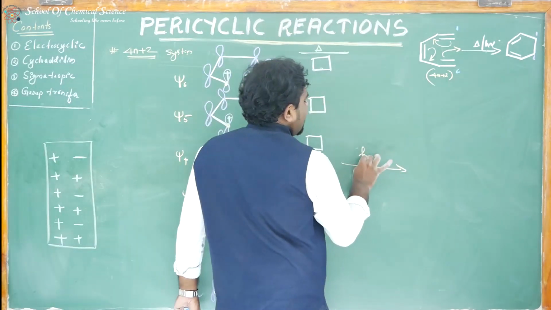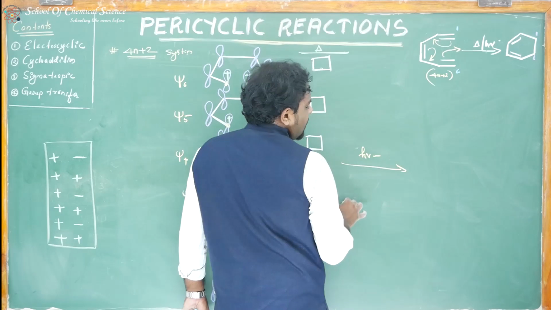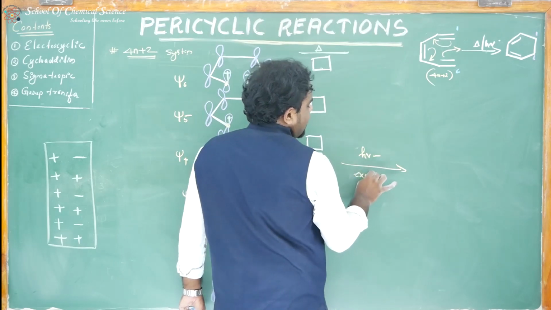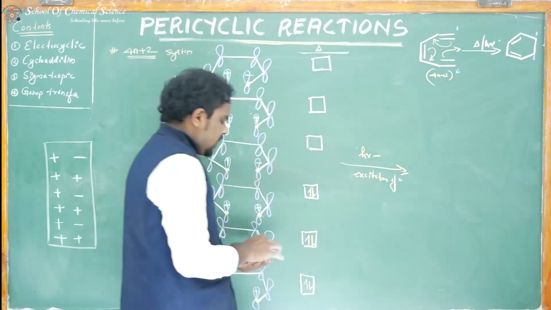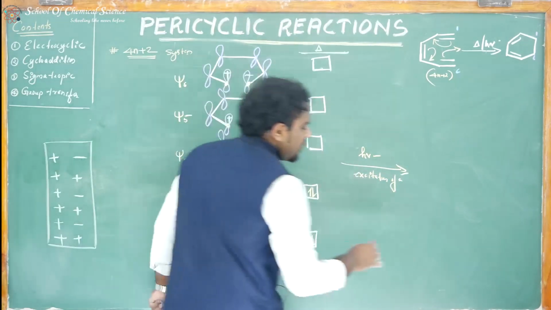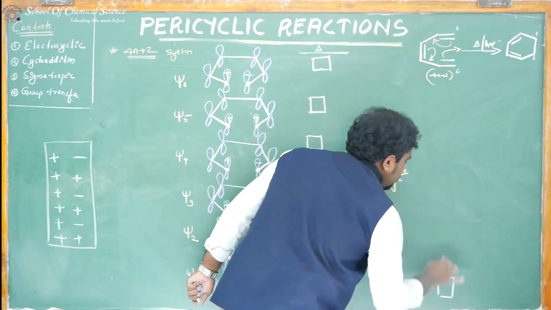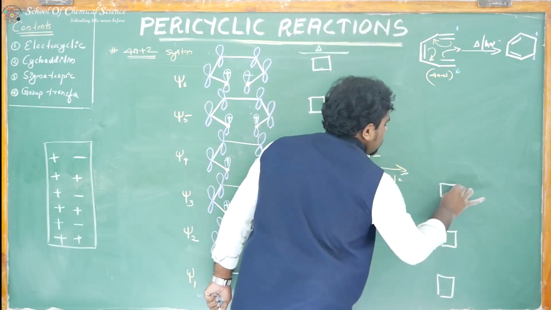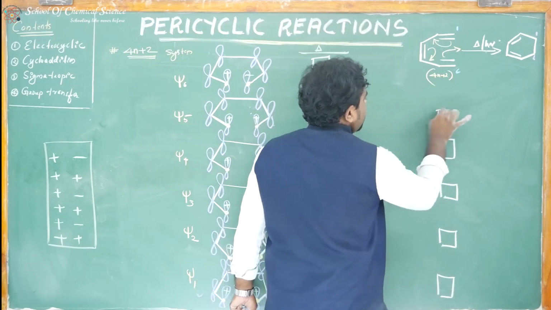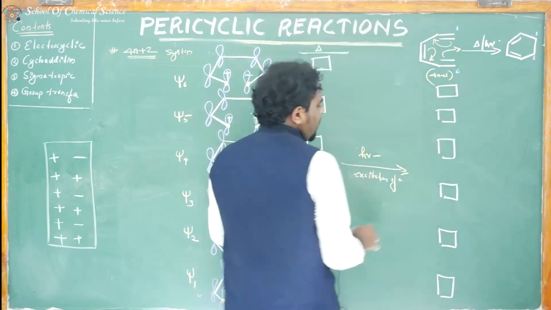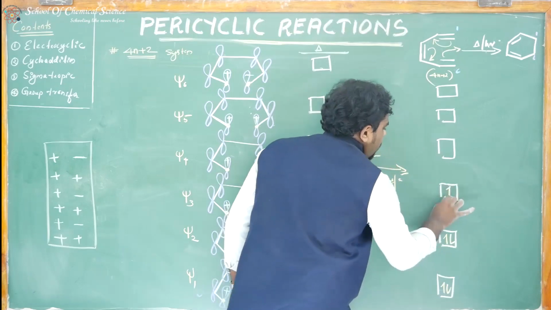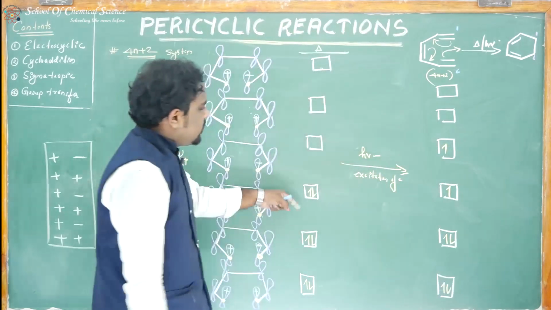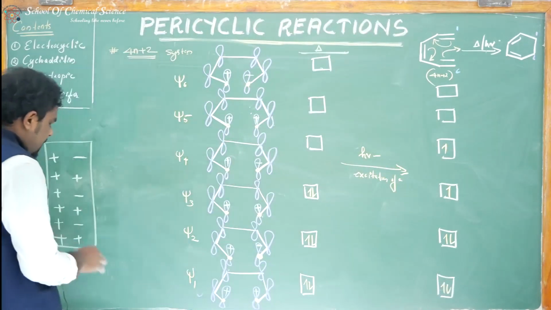Then under photochemical condition, what happens? Excitation of an electron. So under photochemical condition, what is the arrangement of electrons? In the six molecular orbitals under photochemical condition, one electron from psi 3 is excited to psi 4.